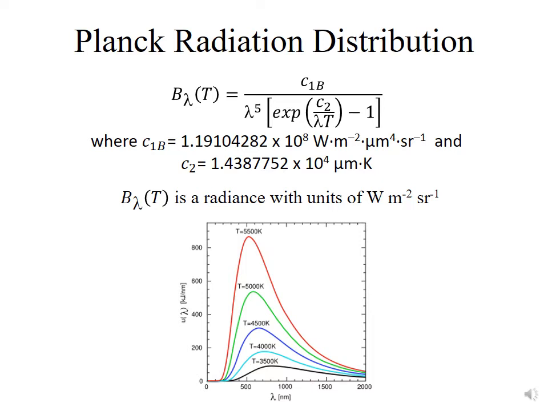The summary diagram of this equation is shown down at the bottom, where it shows that as the temperature increases, the amount of energy emitted by an object increases dramatically, but the peak in the distribution also shifts towards shorter wavelengths. So if you know the radiating temperature of an object, then you will know the amount of radiation that it's giving off at each wavelength, or at least if it were to behave as a black body.